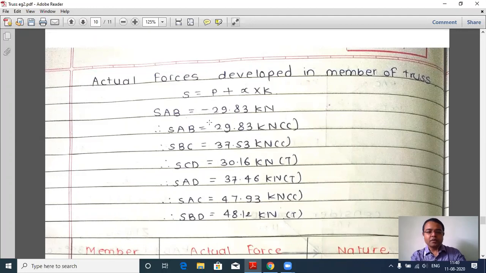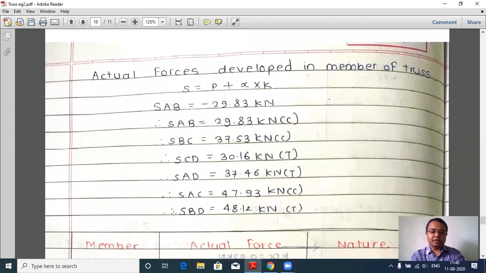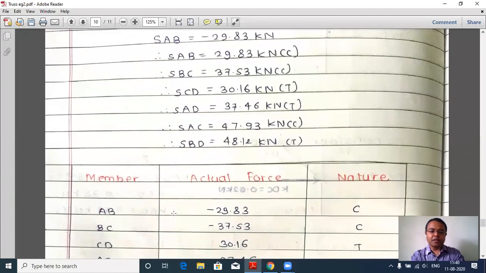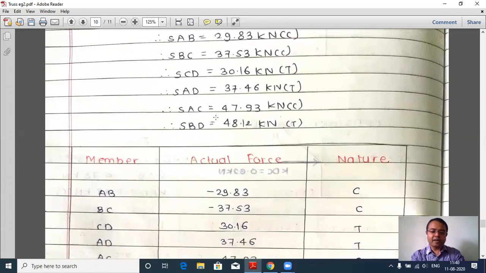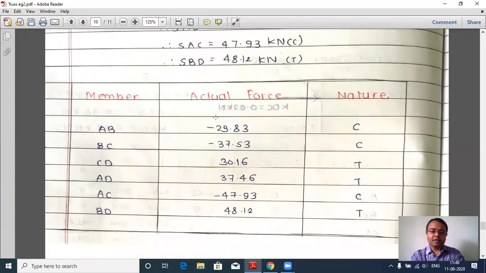Just use this formula F equals P plus XK, and likewise find the forces in all the members of the truss. You can write this in tabular format as the final answer: members, actual force, and the nature of the force, which we have also written. So this is the end of this second example.